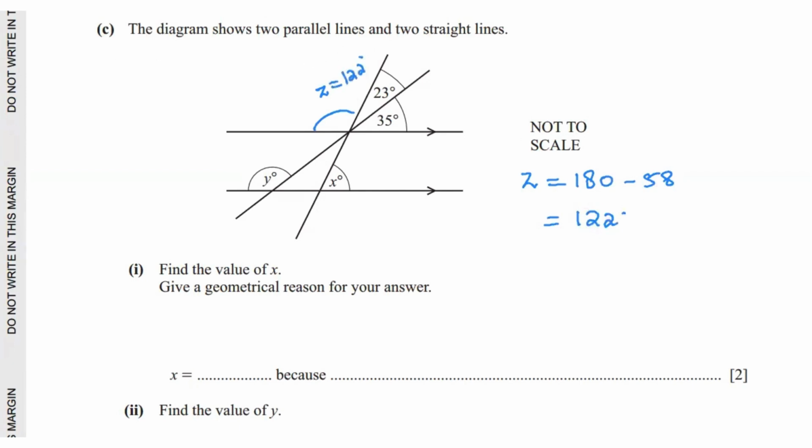Now, if we look at this line over here, this is a transversal straight line, and these are our parallel lines. So now, y is corresponding to 122 plus 23, which means y would equal 122 plus 23 because these are corresponding now. So that's going to give us 145 degrees. That's the value of y.